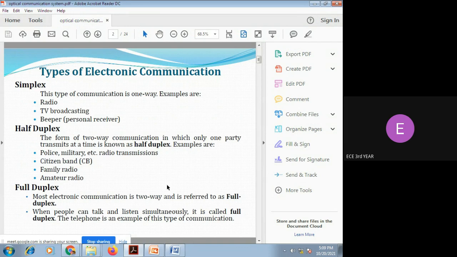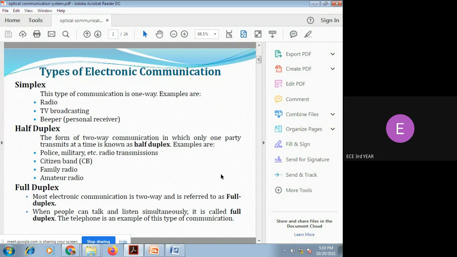There are three types of communications available. First one is simplex. Second one is half duplex. Third one is full duplex. Simplex communication is a one-way communication. Example, radio systems, TV broadcasting systems. Second one is half duplex communication. It is a two-way communication.